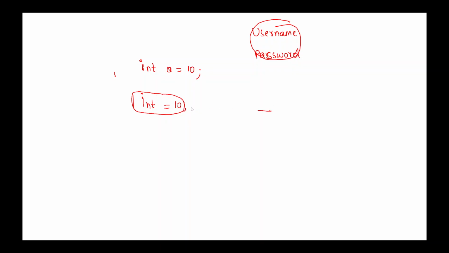And the answer is no, it's not going to work. Why? Because it's a syntax error, right? And how can a computer actually understand that this is not the right piece of code? Because a computer is not a human being, it doesn't know what is right and what is wrong.